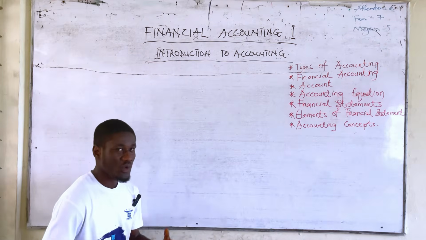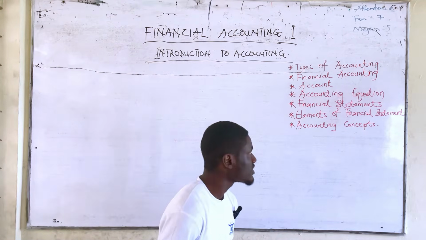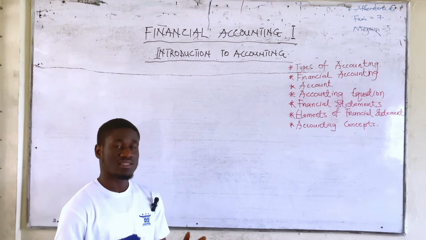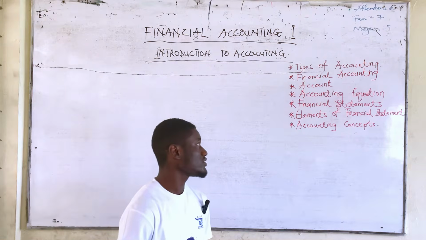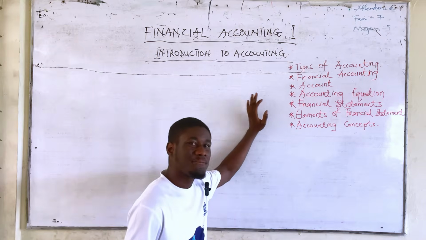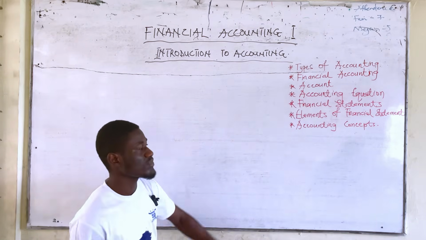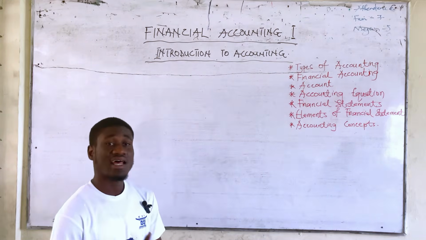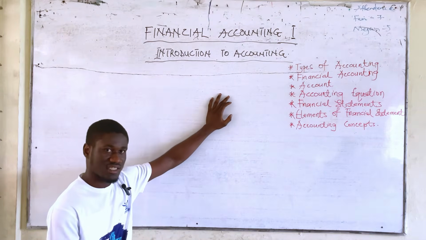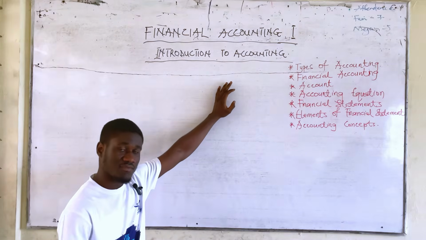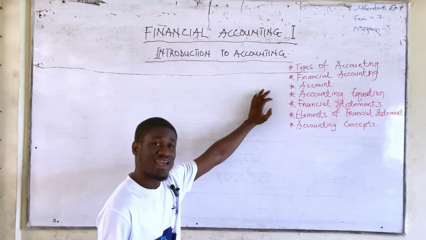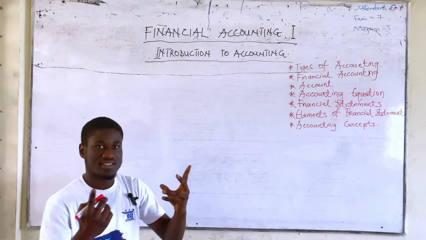Good. So when we talk about financial accounting, it's a system of maintaining accounting records for business transactions and other items of a financial nature, and reporting the financial position and the financial performance of the entity in financial statements.